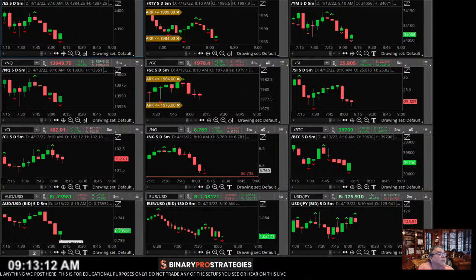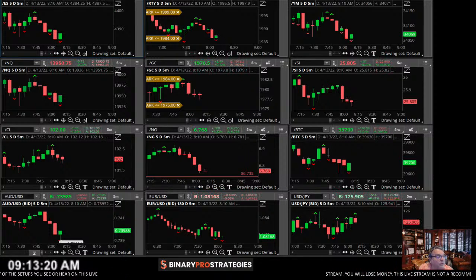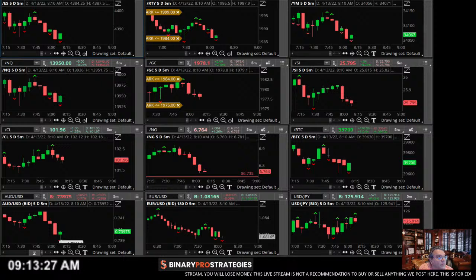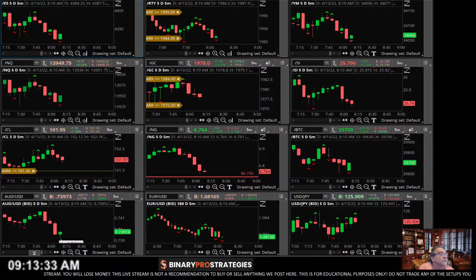Target is going to bring us down to 101.45, and that is going to be our profit target. Reversal is going to be 102.65.